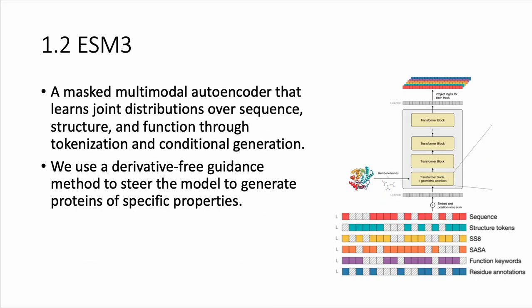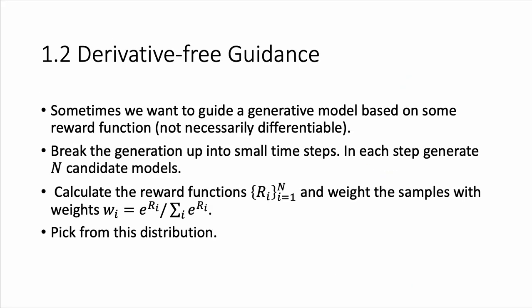The model that we leveraged is ESM3, which is a masked multimodal transformer model that jointly learned the distributions over sequence, structural, and functional space of proteins. And to enable conditional generation, we use what is called the derivative-free guidance approach, which steers the model to generate proteins of specific mathematical knot types without having to retrain the model.